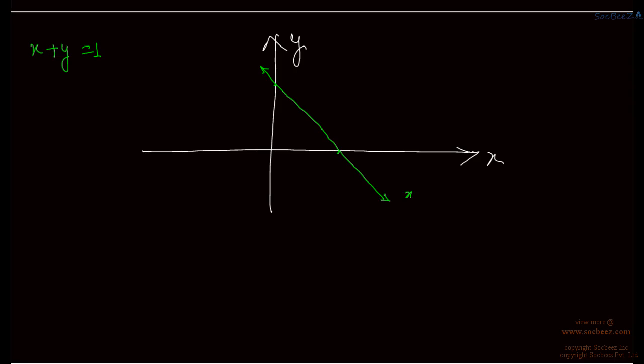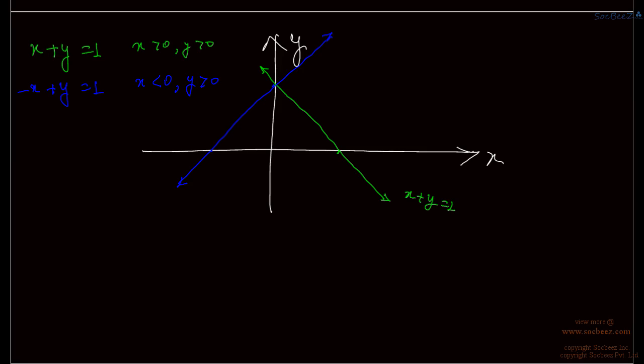So this is the line x plus y is equal to 1 when x is greater than 0 and y is greater than 0. Then the line minus x plus y is equal to 1 when x is less than 0, y is greater than 0. So this is this line, right?